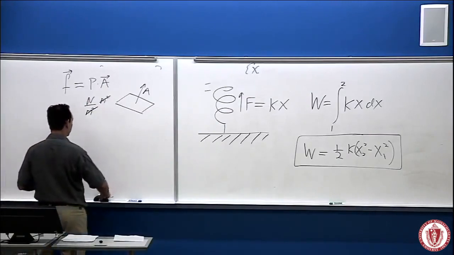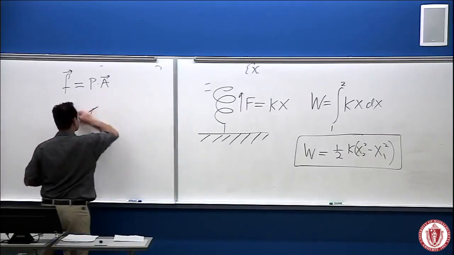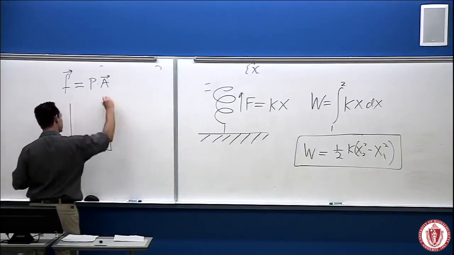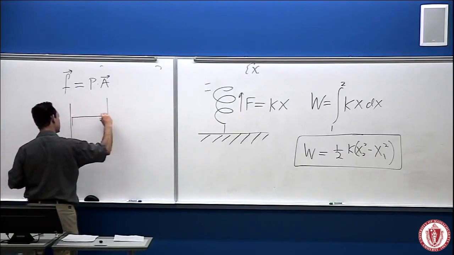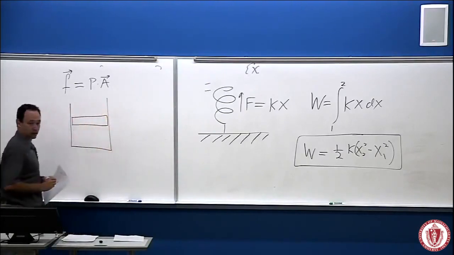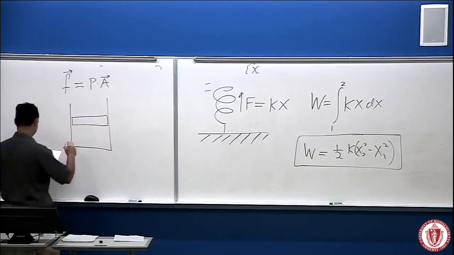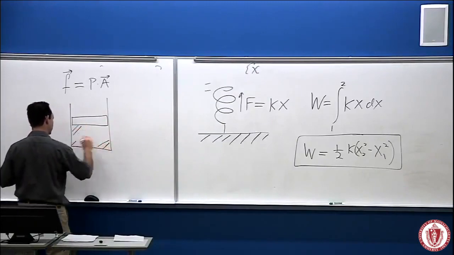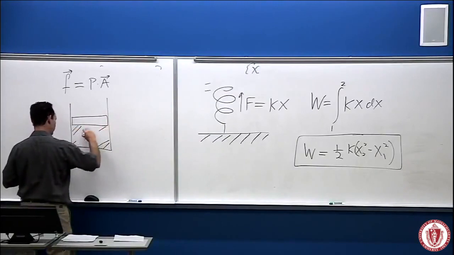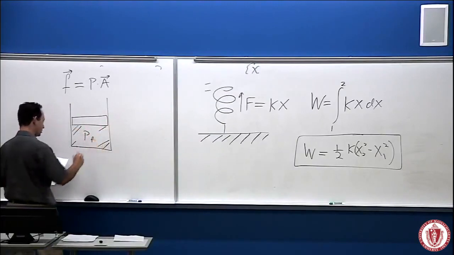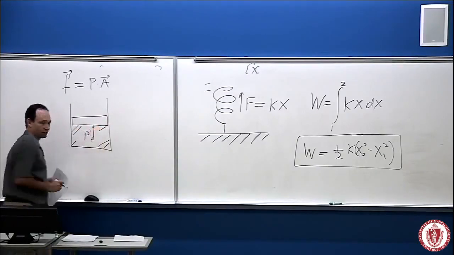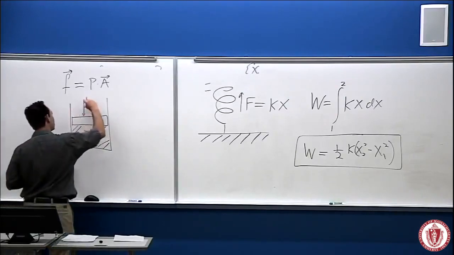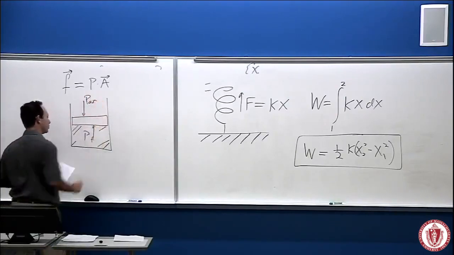So let's do an example. Let's say we've got a piston and a cylinder. And here's our fluid, and in the middle we've got some fluid pressure pushing on the underside of our piston. And of course, remember, there's atmospheric pressure pointing on the other side.